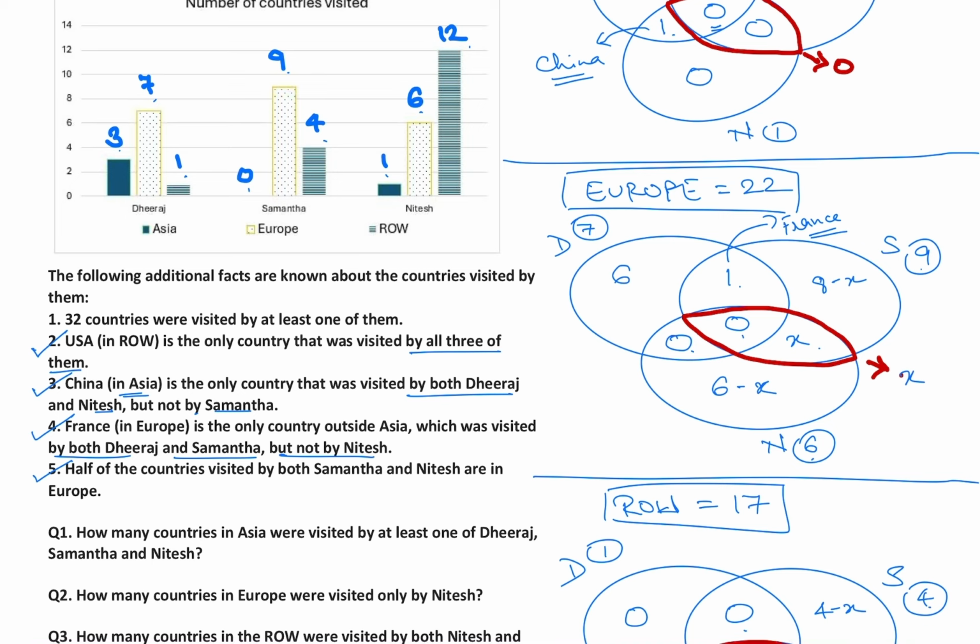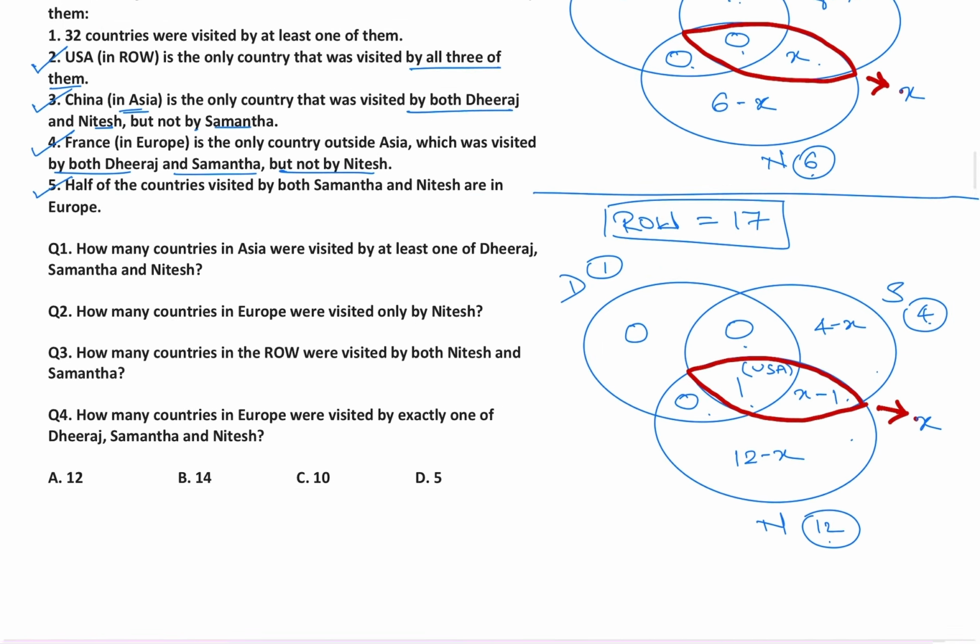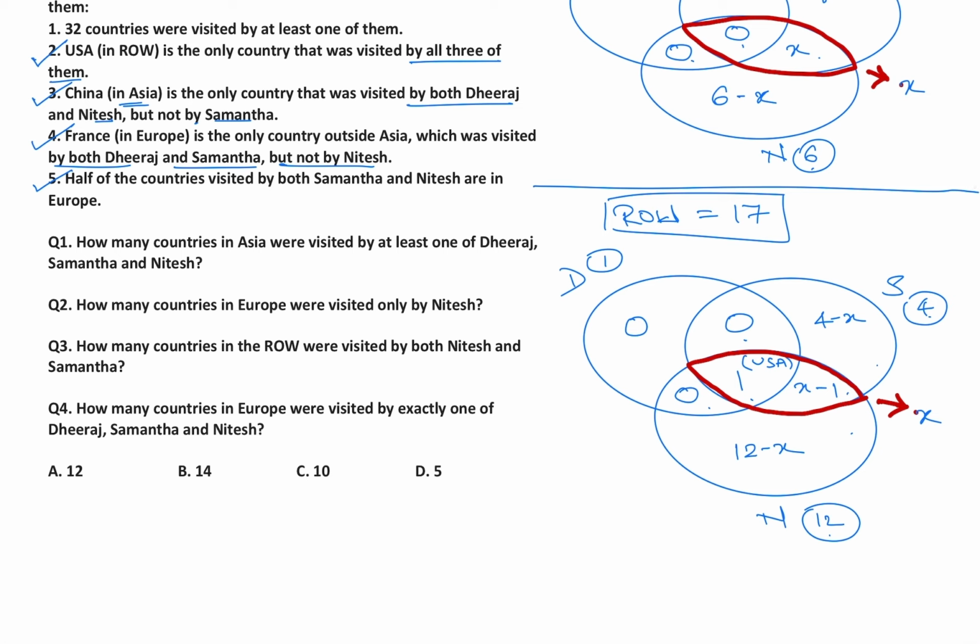32 countries were visited by at least one of them. So the first point says nothing but that the countries visited by exactly once, exactly twice, and exactly three of them, the number of countries visited by exactly 1, by exactly 2, and exactly 3, this is 32.